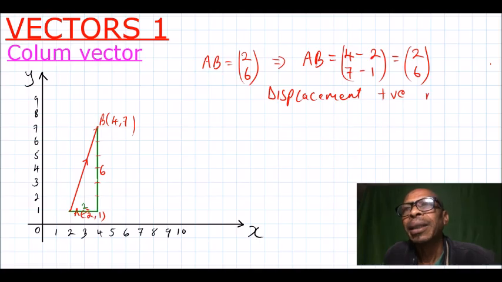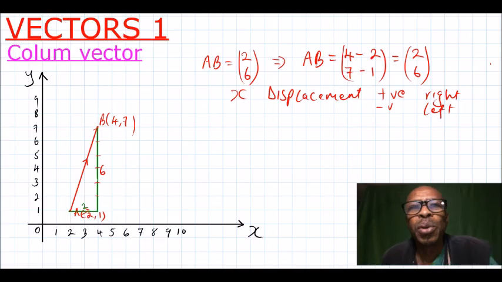That is x displacement. When it is to the left, then it is negative. That is to the left. I'm going to show you how that happens.